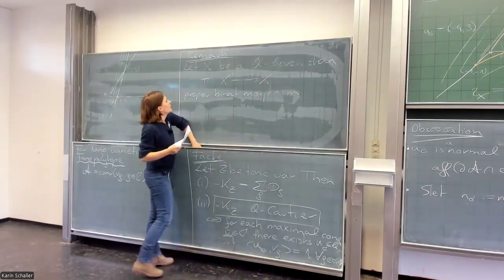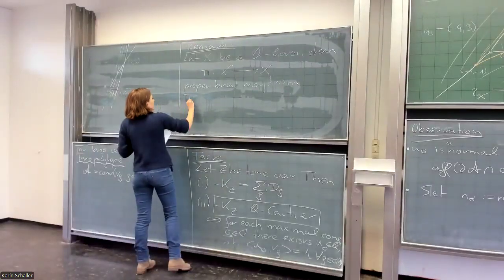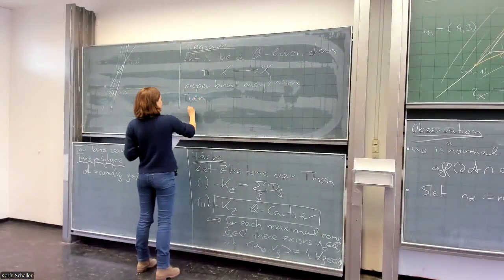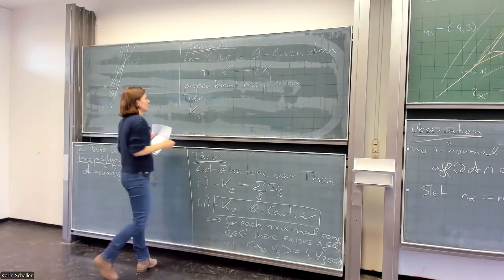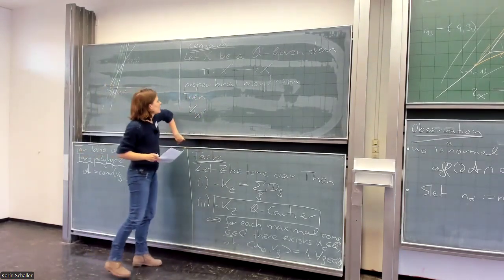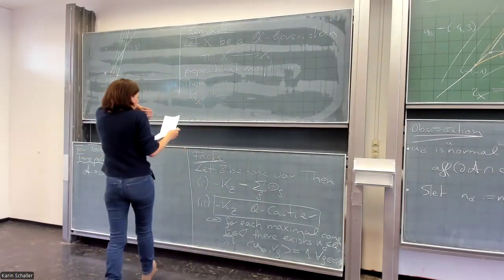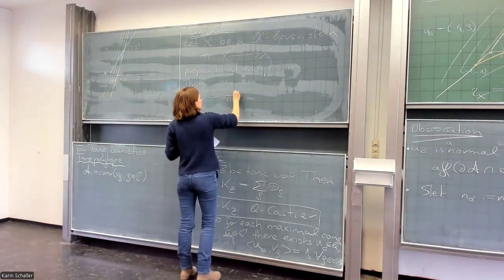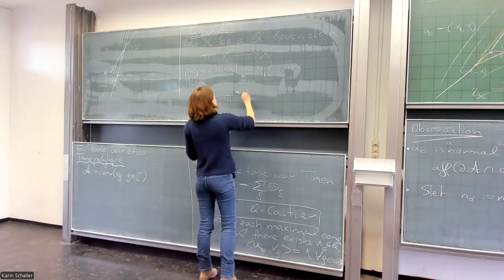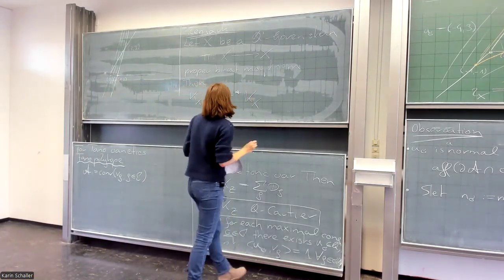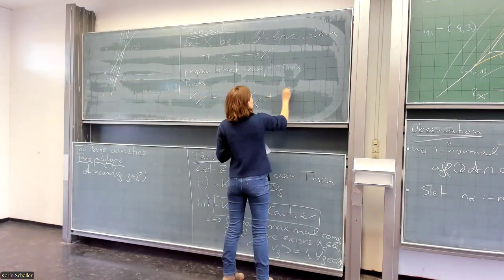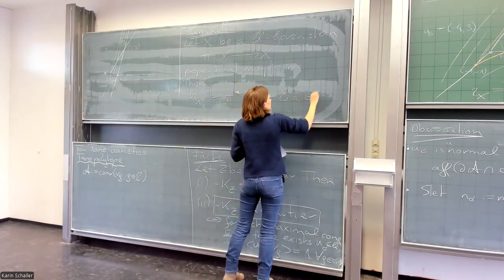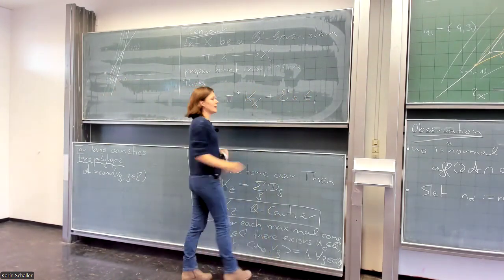Then we can look at the ramification formula, which tells us that I can take a canonical divisor on X prime and write this one as the pullback of the canonical divisor of X plus the sum of exceptional divisors.